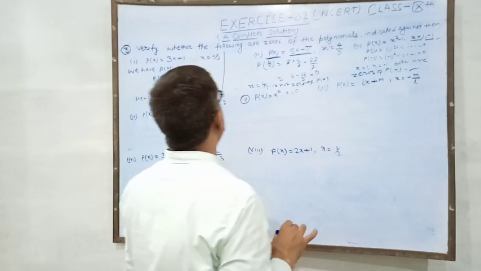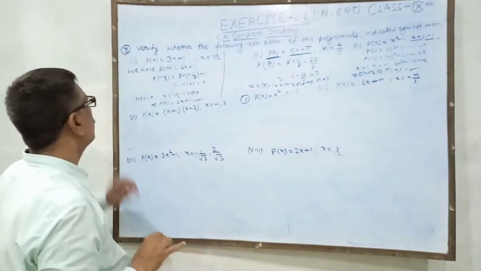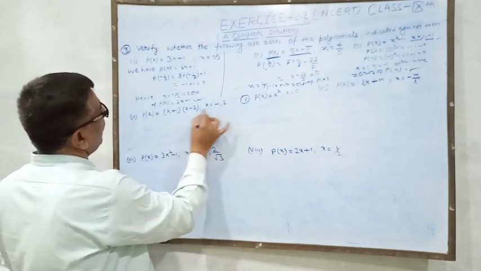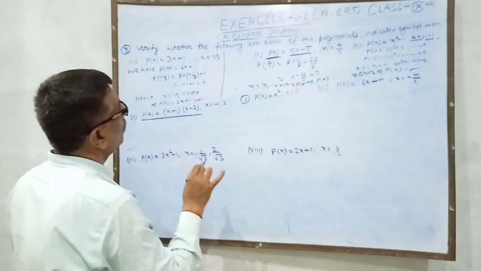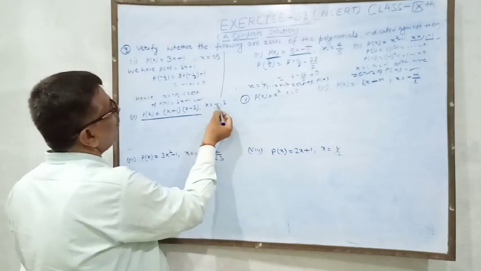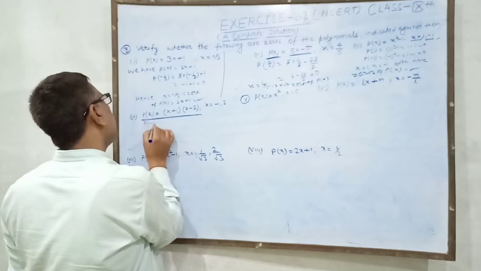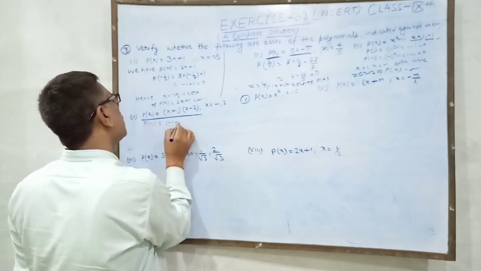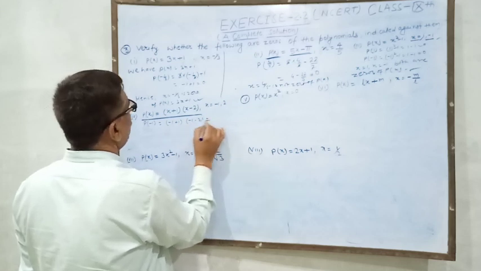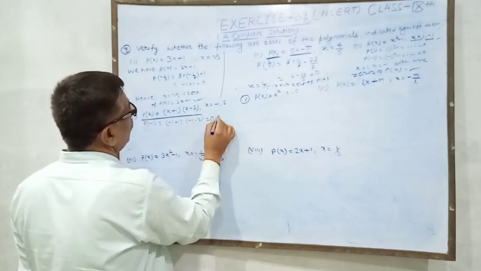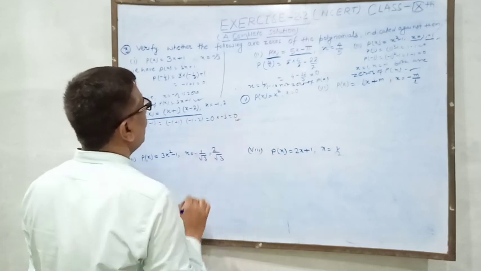So students, you have seen the three parts of this question, and now I am coming to the fourth part. p(x) is defined as (x + 1)(x − 2). Now we put in place of x, first, −1. p(−1) equals (−1 + 1)(−1 − 2), which is 0 into −3, equal to 0. So you see 0 here.